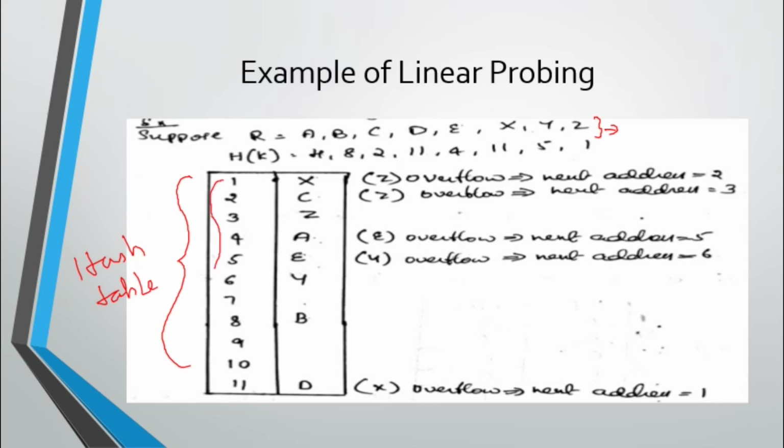Now what are these things? Let me put it in different ink so that you'll get it easily. These are nothing but address locations. Let me use one more color.